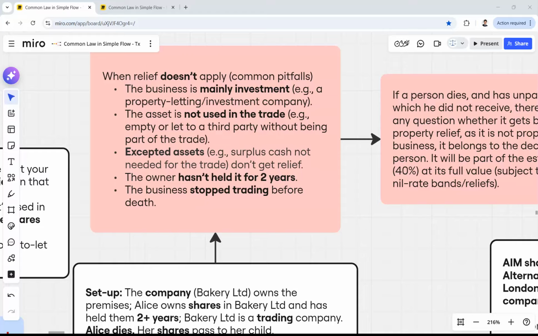And also, in the same logic as parking your cash, you shouldn't park your assets there. Excepted assets, surplus cash not needed for the trade, don't get relief. Again, if there is extra cash that the business has generated, it belongs to you and it isn't really used in trade.